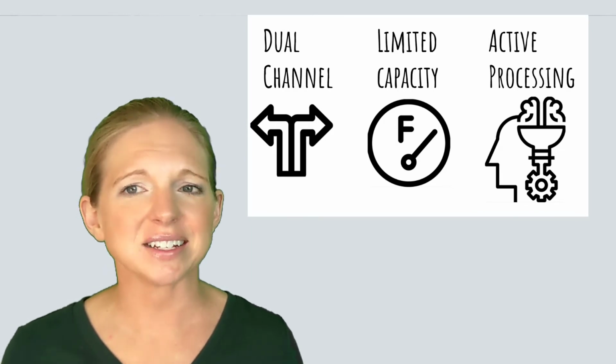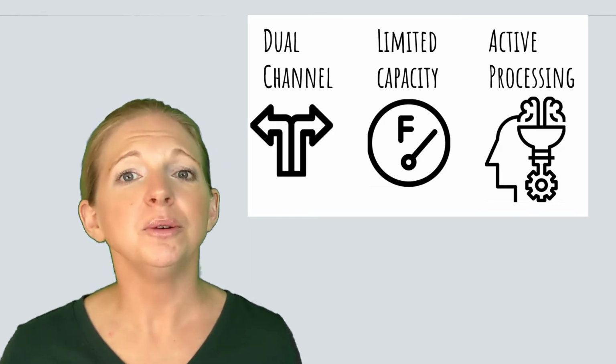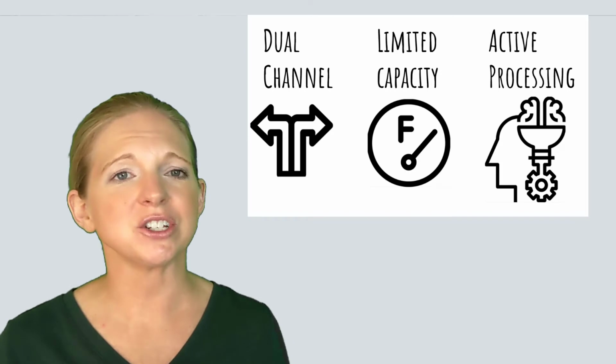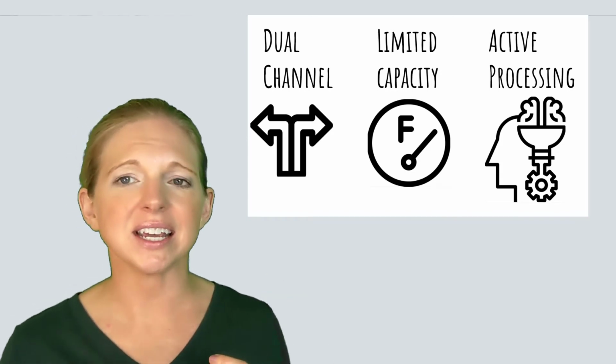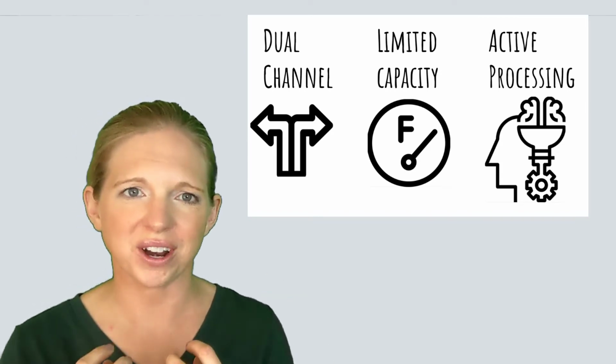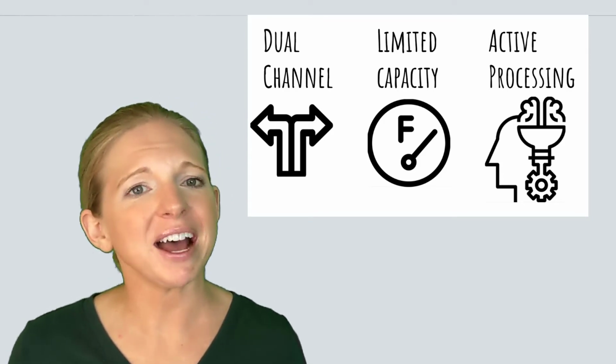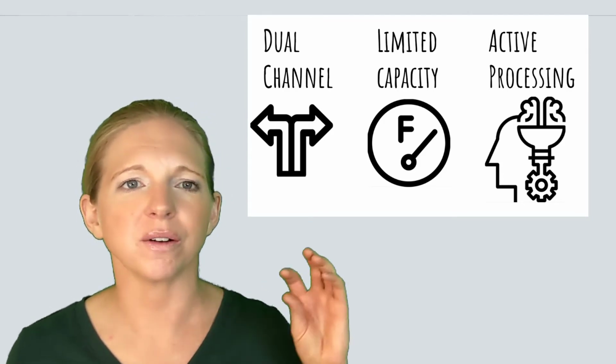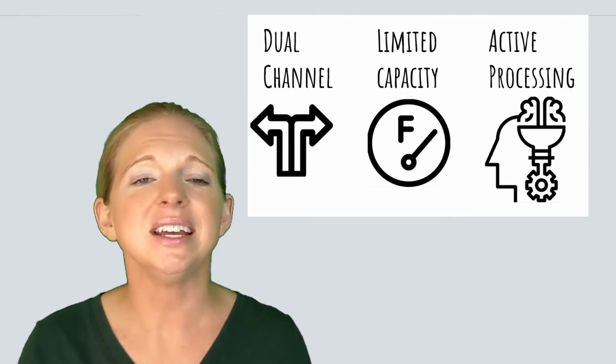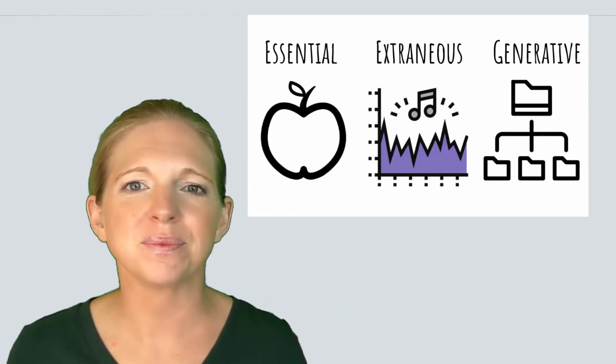And lastly, the active processing assumption. Humans actively engage in paying attention to new information, organizing it into a cognitive structure, and integrating it with prior knowledge. In other words, learning cannot be a passive activity. It takes the work of both short and long-term memory to make learning meaningful.